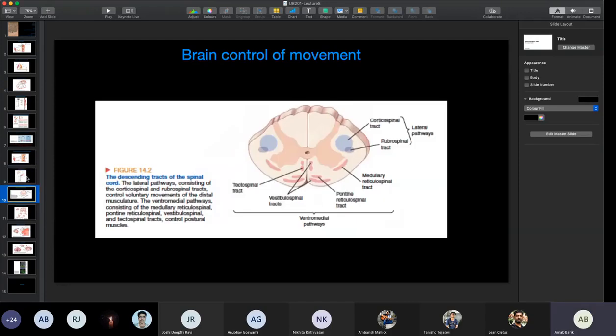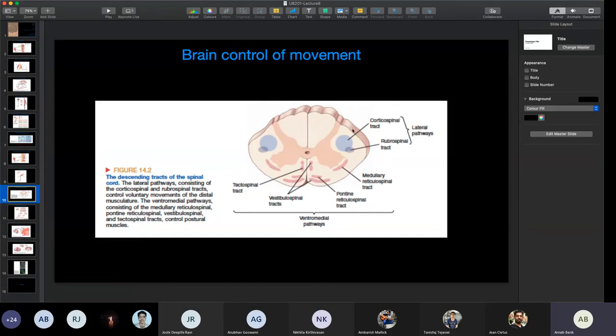And then, of course, the brain also controls movement, and there are various tracts coming down from the brain to the spinal cord. You don't need to know all the names of the tracts, but just know that there is heavy innervation of the spinal cord by the brain.